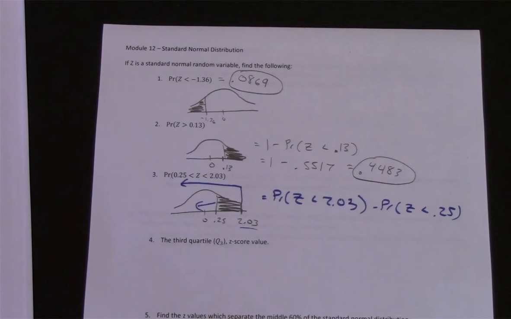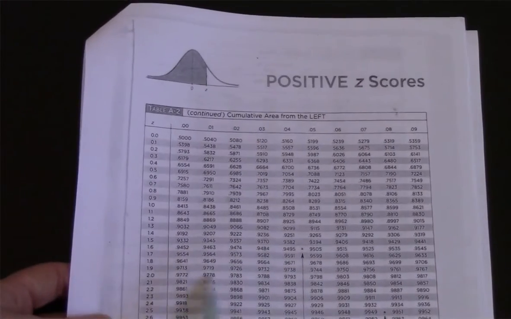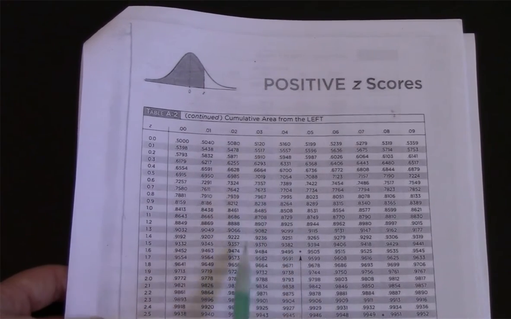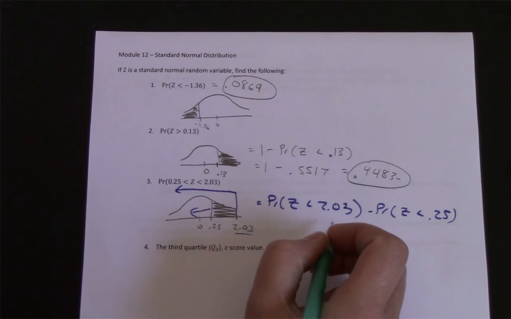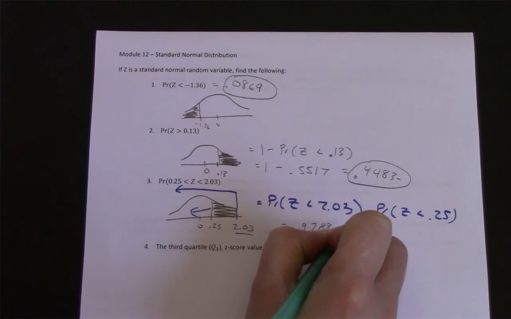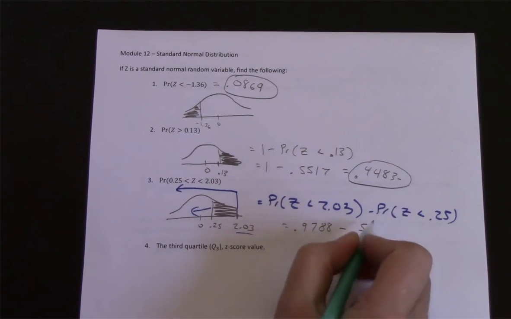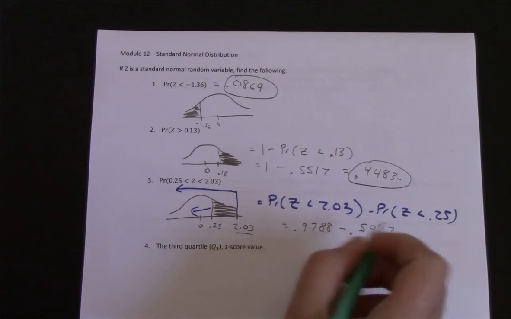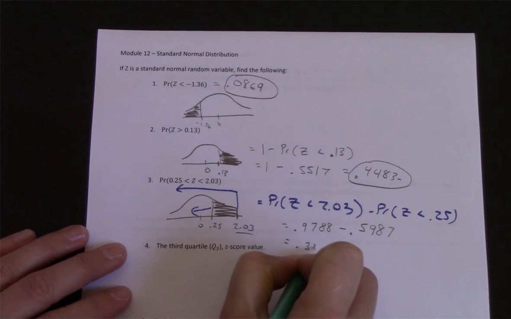Okay? So I have to find both those values in my table, starting with 2.03, I get 0.9788, okay, 0.25, I get 0.5987, okay? Let's get out your calculator and subtract those two. I get 0.3801.